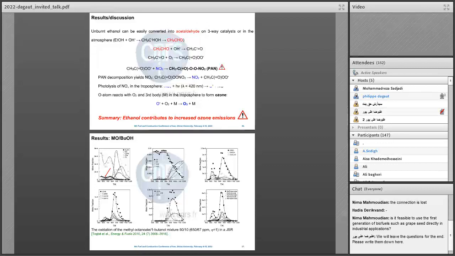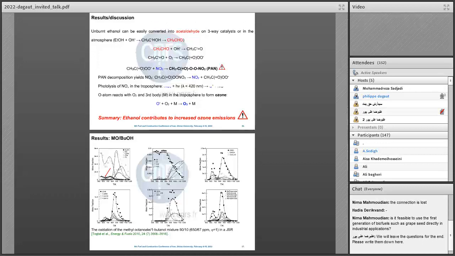But peroxyacetyl nitrate will be transported in the troposphere, and at some stage it will decompose and release NO2 again, far from the place where it was initially formed. Then it's a transportation of pollution outside the region of production.